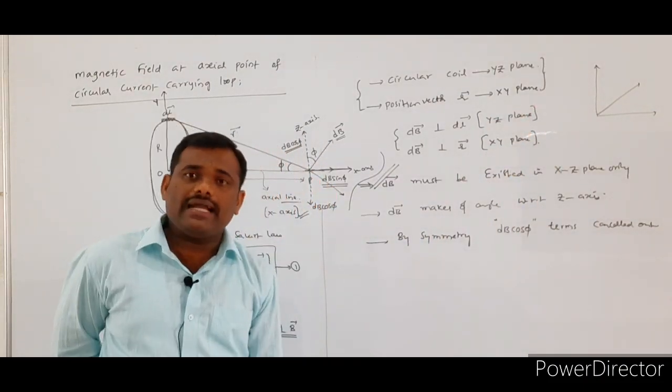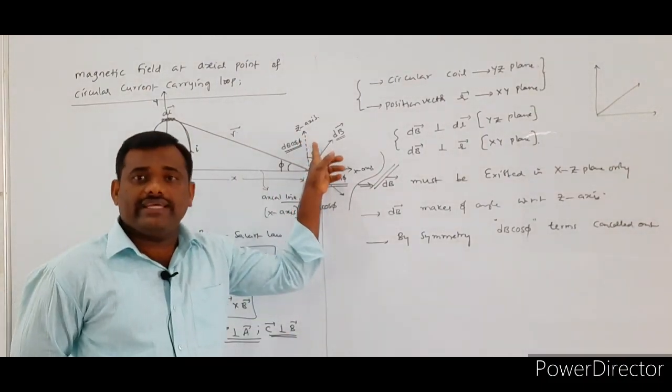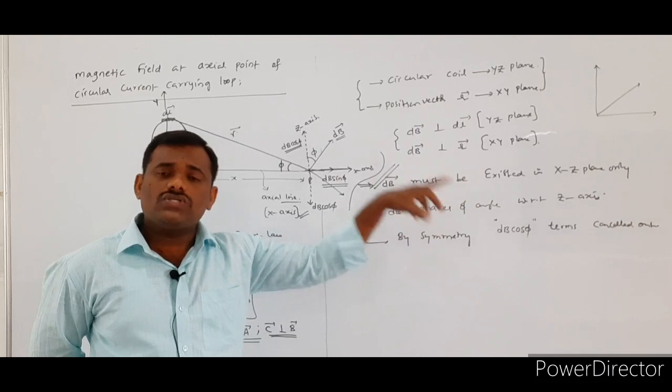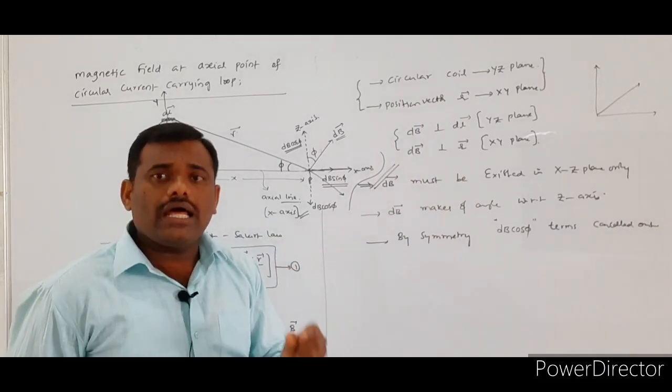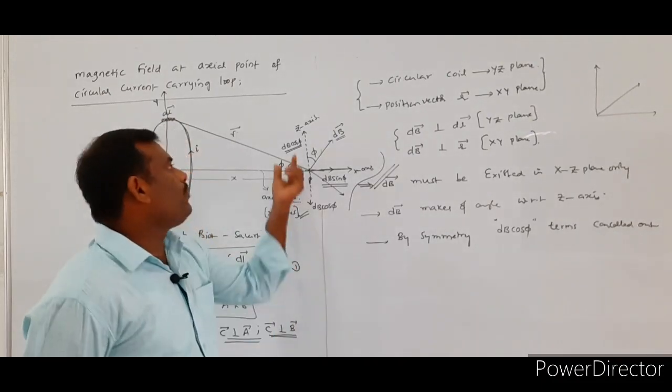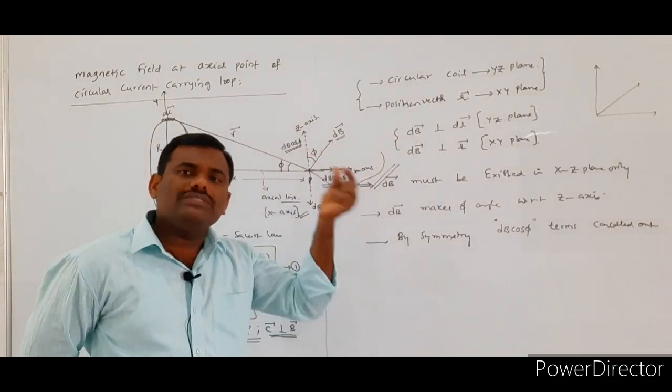Now I am assuming that this dB bar will be making an angle of phi radians with respect to the z axis, so that I resolve the magnetic field intensity into rectangular components. The dB cos phi term will be acting along the positive z axis.